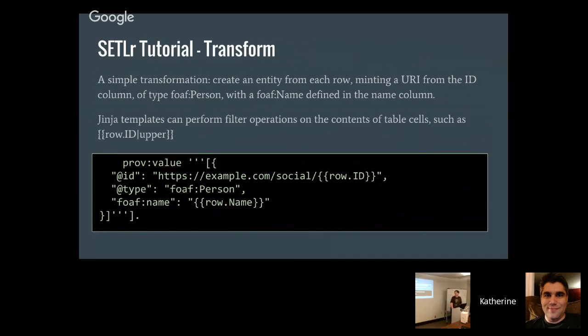And then the prov value of the transformation is what we're doing to the data. So this is sort of like a preliminary transformation that only utilizes the first two columns, the ID and the name. If you want to try out the Jinja templates in the values, you can say something like row ID and then pipe upper, and that would change the value of that string to all uppercase.